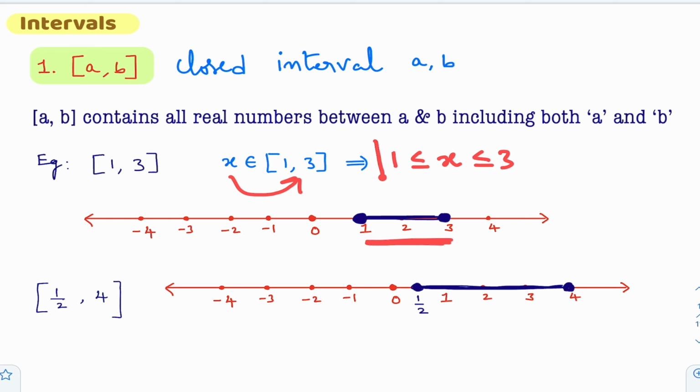It indicates that x lies in between 1 and 3. Here, less than or equal to indicates that 1 is included. Here also, the equality symbol indicates that 3 is included.